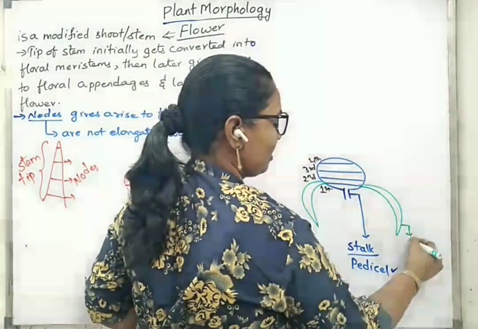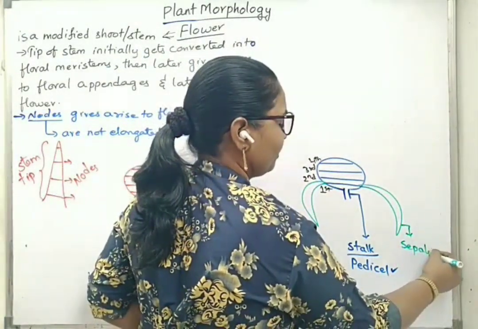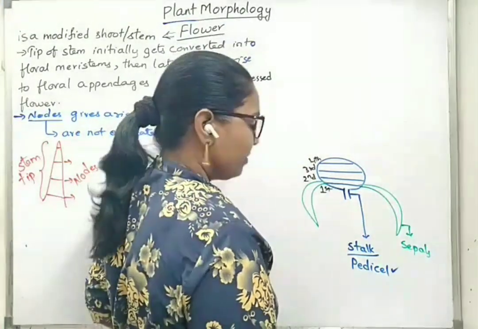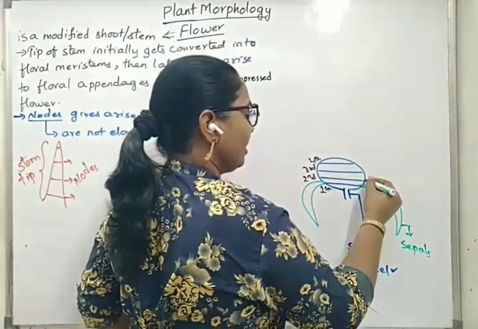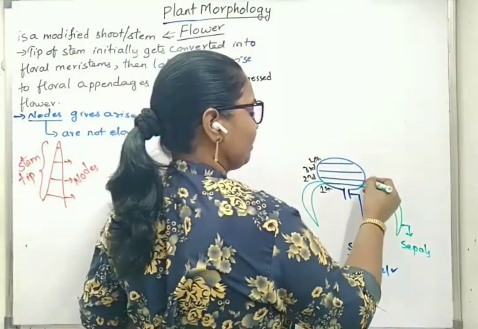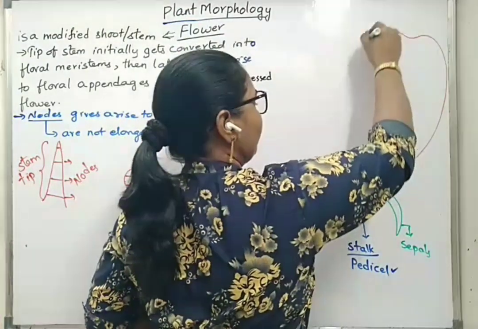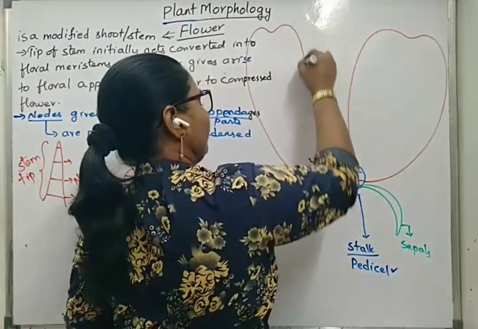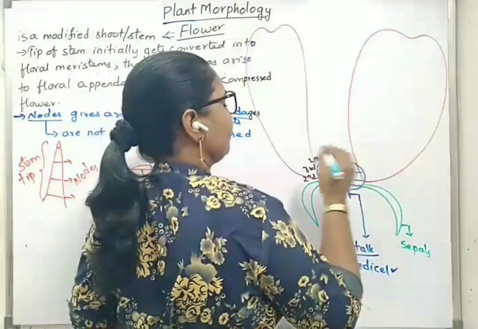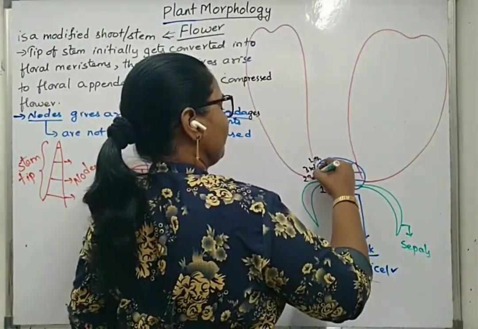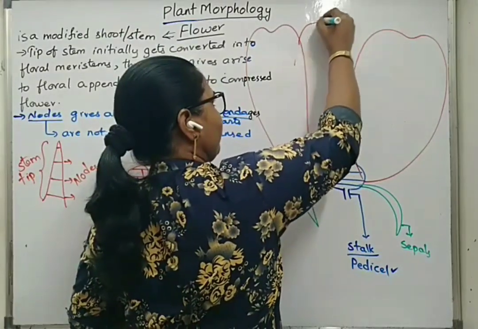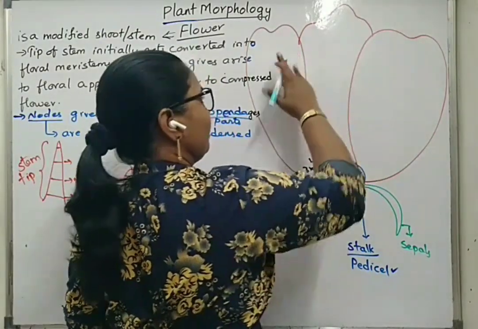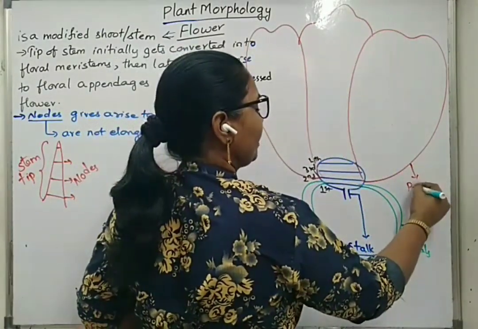So these are sepals. Now the second node gives rise to petals. These are petals.